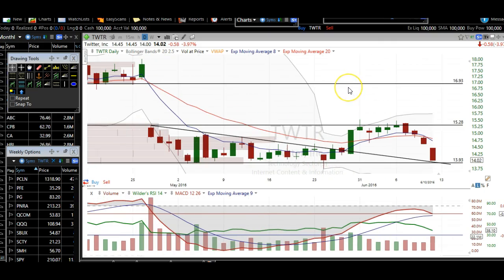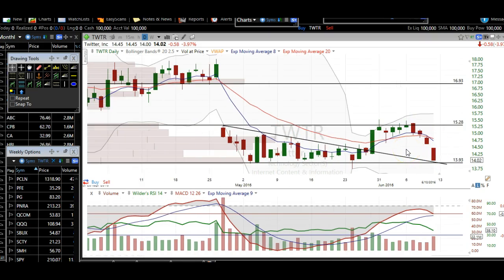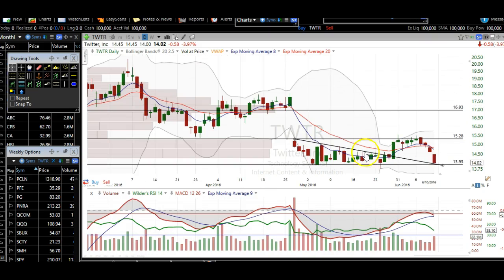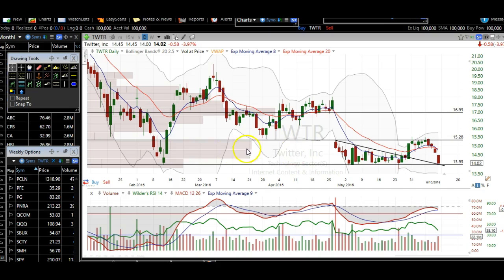And we're coming up to a potential bounce zone here on Twitter. We've got some ugly, ugly candles here on Twitter, but this is not really the area to press it short, in my opinion, until we get a close below this 1390 level. Okay, so why is this a big level here?